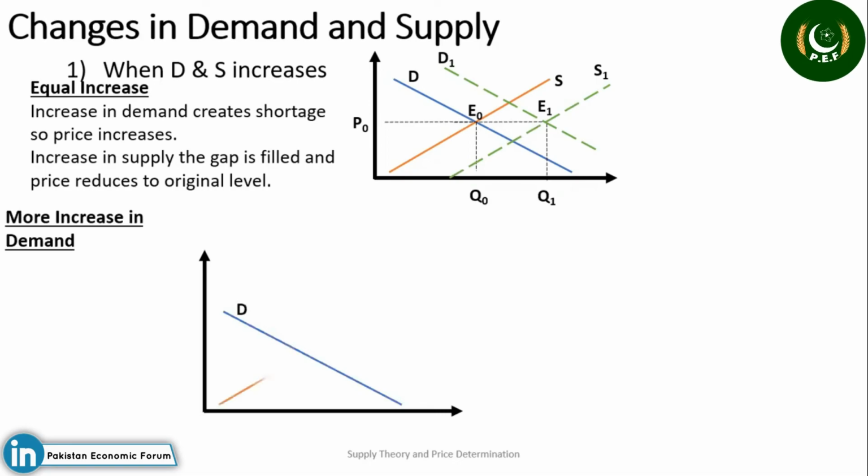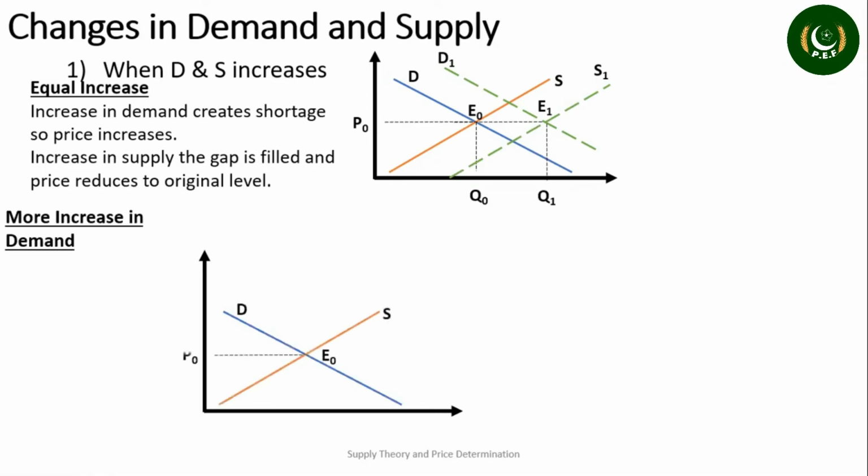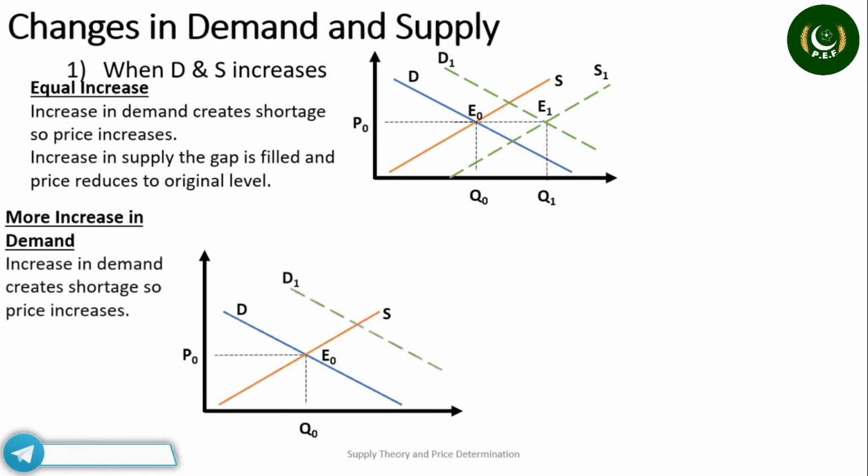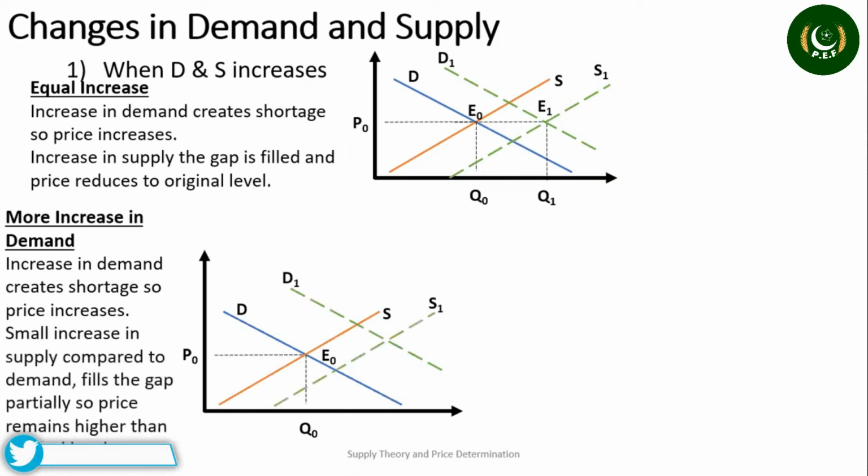Next is the case when the increase in demand is greater than the increase in supply. As we discussed, the increase in demand will create a shortage and hence prices will start increasing. An increase in supply will partially fill this gap.